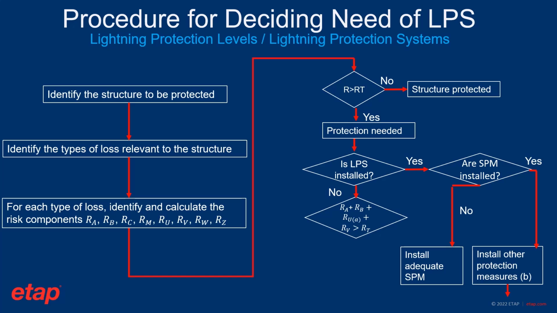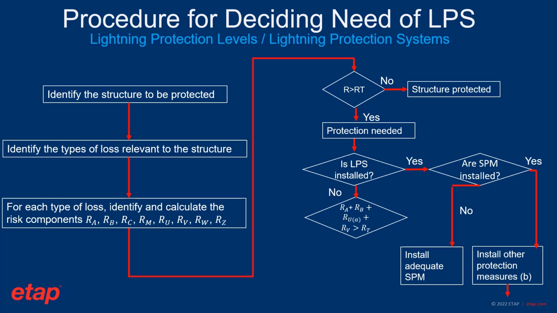And RU sub A is another important risk component, which pertains to the actual application of the structure, related to injury to living beings caused by electric shock due to touch voltage inside the structure. So here RU sub A refers to the agricultural properties, and RV is the component related to physical damage such as fire or explosion triggered by dangerous sparking between the external installation and metallic parts, generally at the entrance point of the line to the structure.